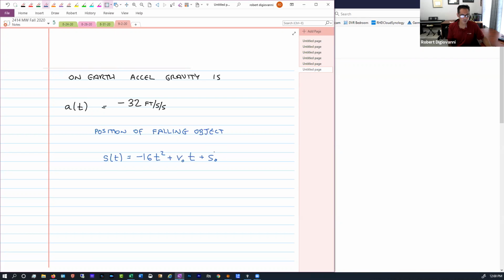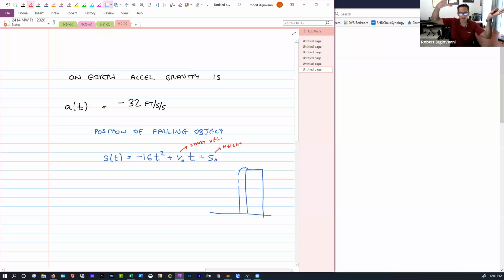What this formula gives you is, look, if you take, let's say, a building and you drop a rock off that building, then you need to know s naught, which is the height of the building, and v naught, which is the starting velocity. If you just drop a rock, the starting velocity is 0 because you just drop it.